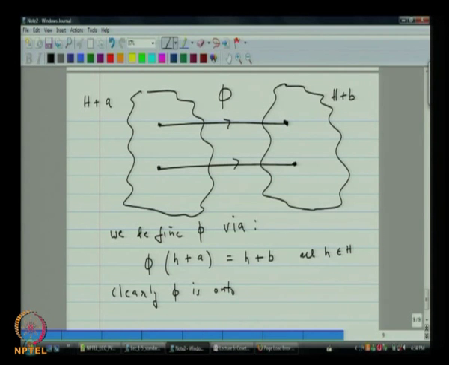But if you go down to the picture here, let us say that there is a particular element here which is H prime plus B. To find out which elements go here, all that you have to do is take H plus A and H prime plus A. So, there is no problem showing that the map is actually onto.